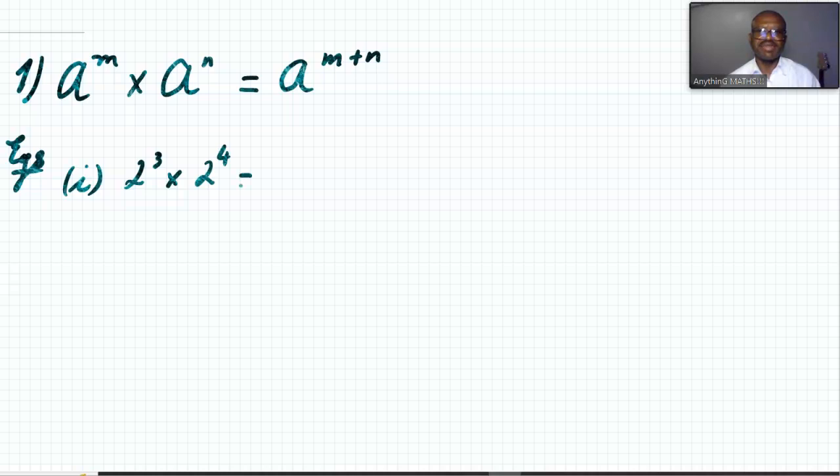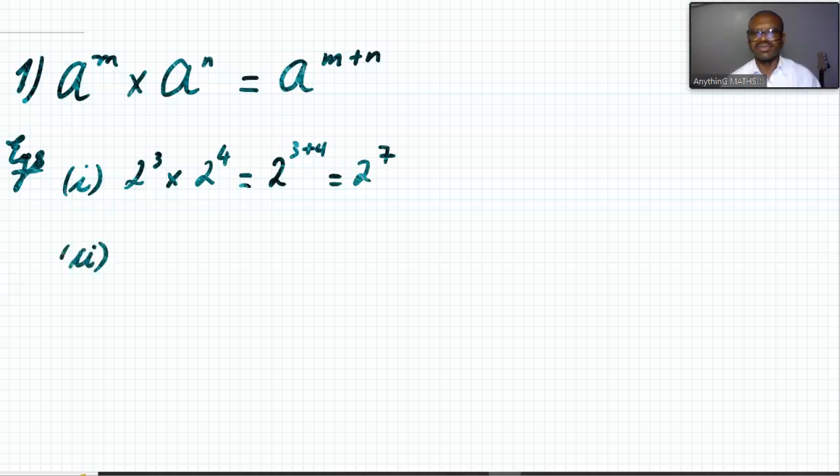Here we are dealing with the base 2. So write out 2. We have 2 powers, 3 and 4. 3 plus 4. 3 plus 4 is 7. So 2 raised to the power 7.